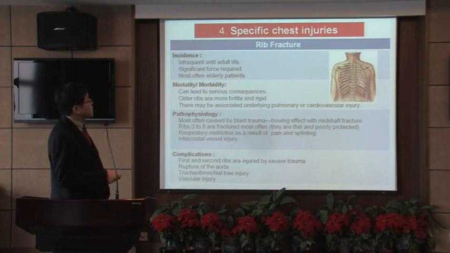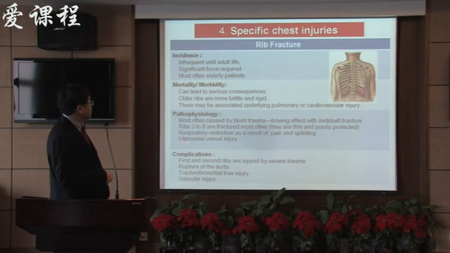Because they are easy to touch, with no muscles covering them, and are very thin and unprotected. The other parts, like the floating ribs, are covered with skin and muscle, so they are not easy to fracture. Other parts of the pathophysiology are respiratory restriction as a result of pain or splinting. Others are intercostal vessel injury.